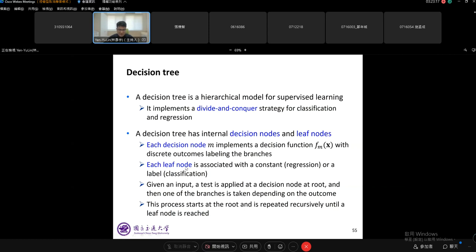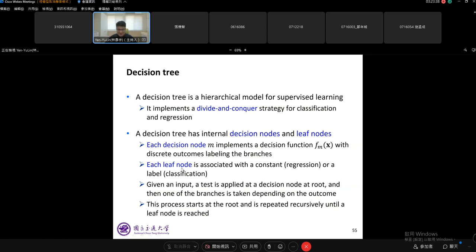A leaf node is associated with a constant or a label. A constant is the regression value, and the label is for the classification class. A leaf node is a terminal node, so there is no further split.